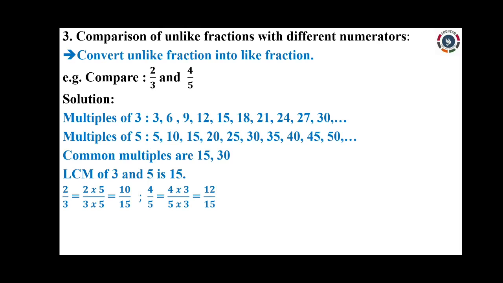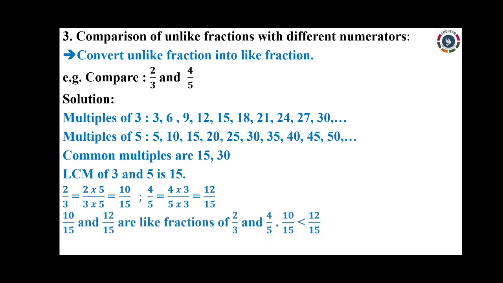So the numerator is also multiplied by the same number. 4 threes are 12. So after converting the unlike fraction 4 by 5, we got the like fraction 12 by 15. Now we have the like fractions 10 by 15 and 12 by 15 for the unlike fractions 2 by 3 and 4 by 5.